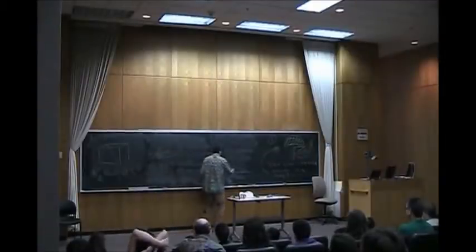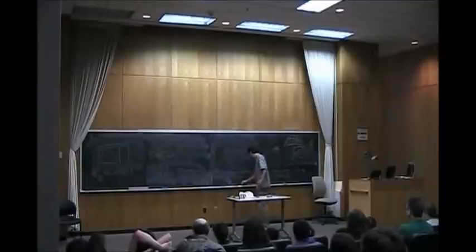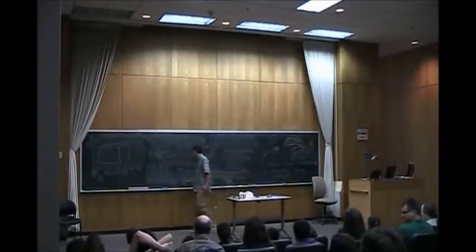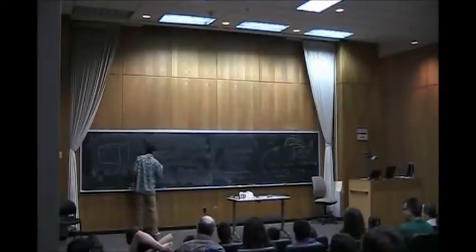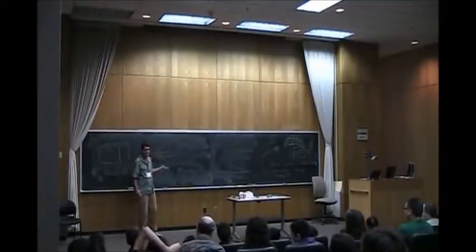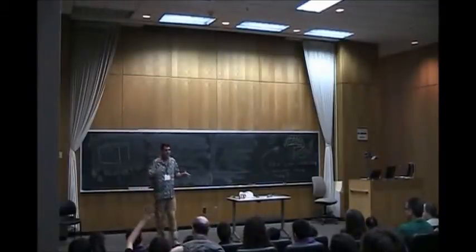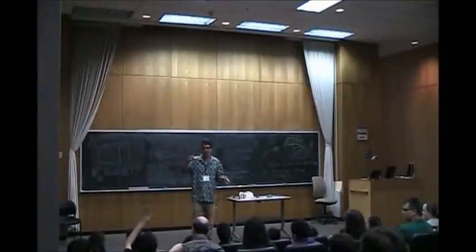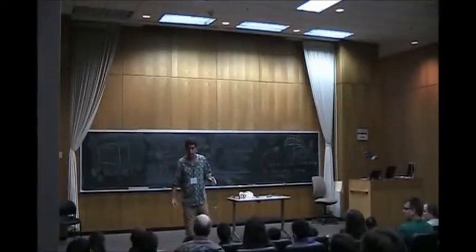What happens if I do 2 thumb distances? I get a line that looks like that. 2 thumb distances go to here. What happens to the length of this arc compared to the length of that yellow arc? How does the length of the orange arc compare? It doubles, yes.